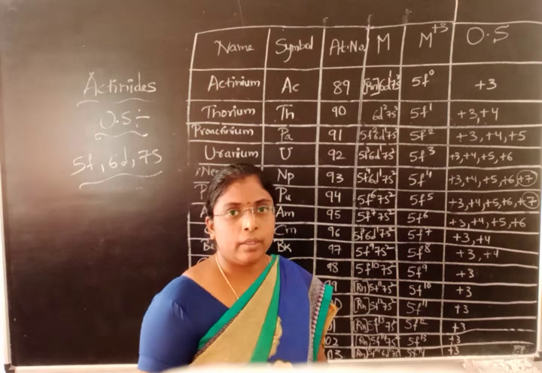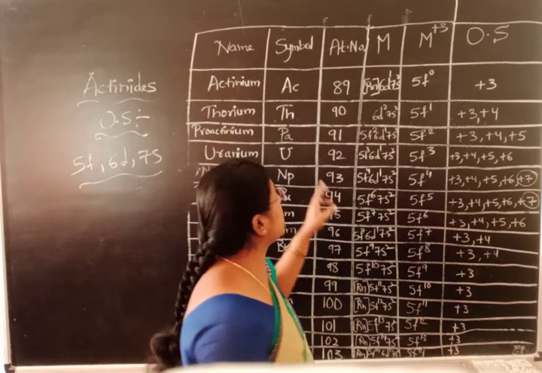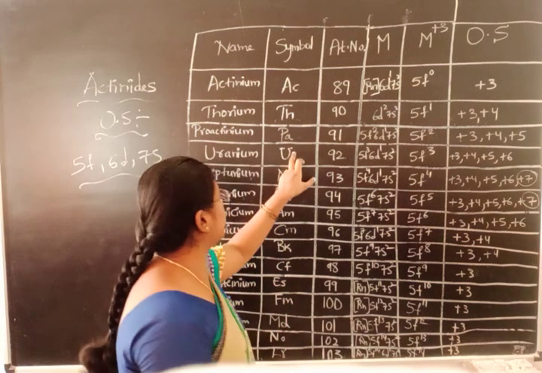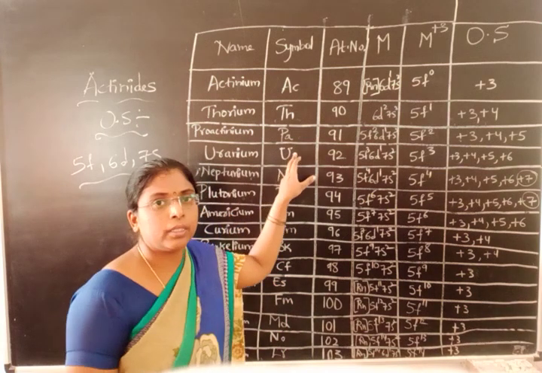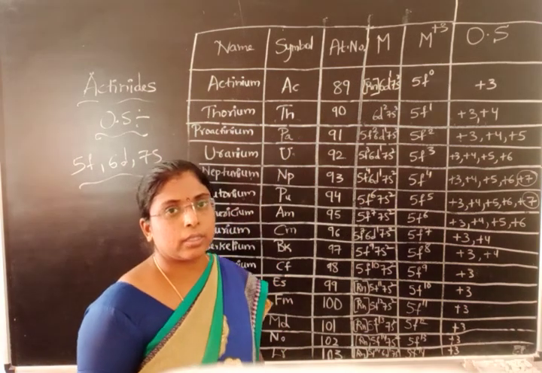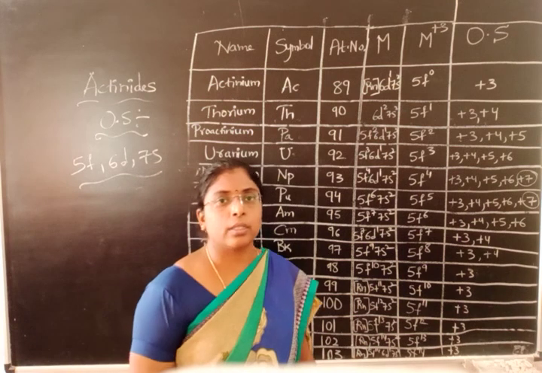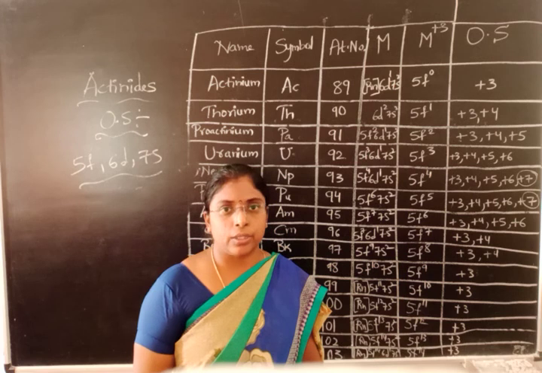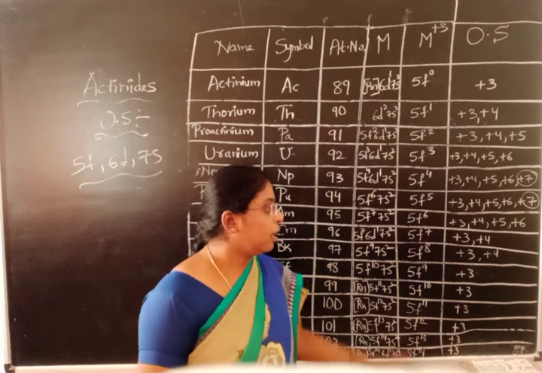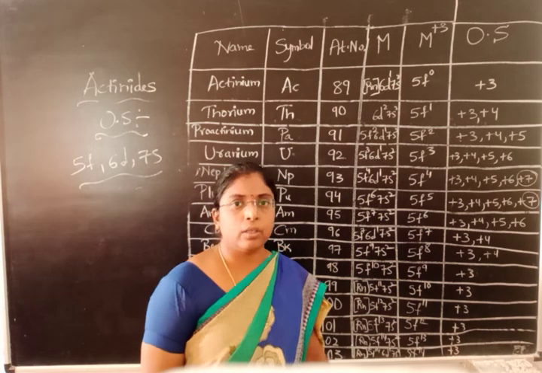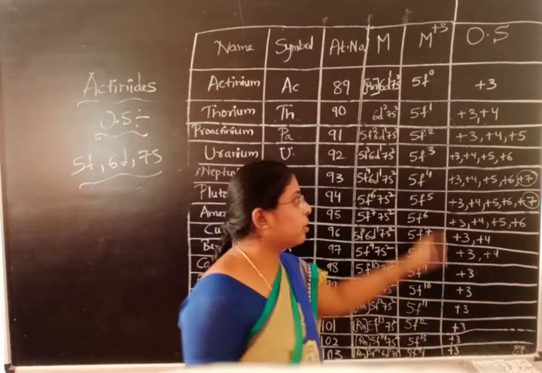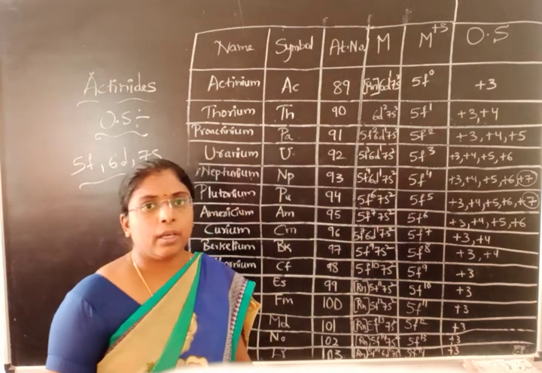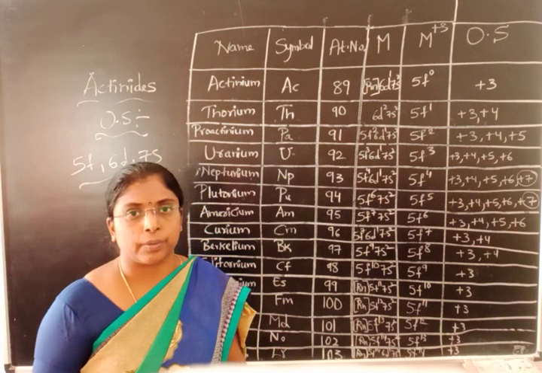If you see the starting elements, that is thorium, protactinium, uranium, the elements with lower oxidation state are ionic in nature, as well as the elements with higher oxidation state, that is neptunium and plutonium, are covalent in nature.